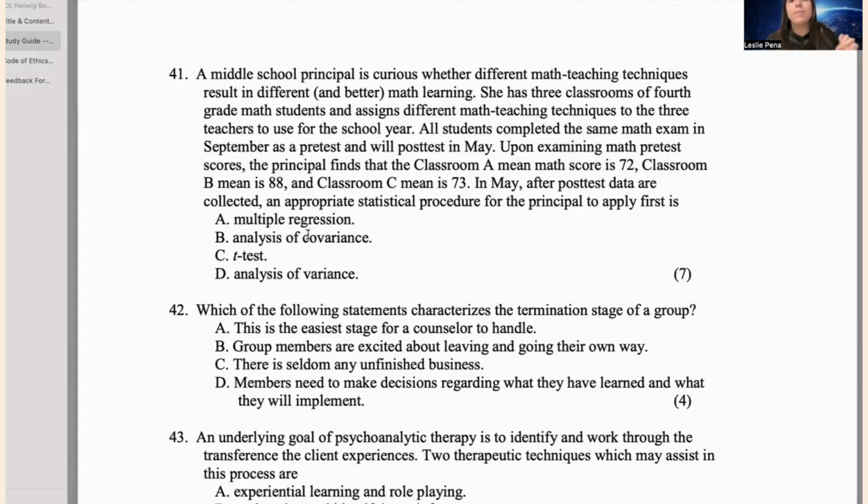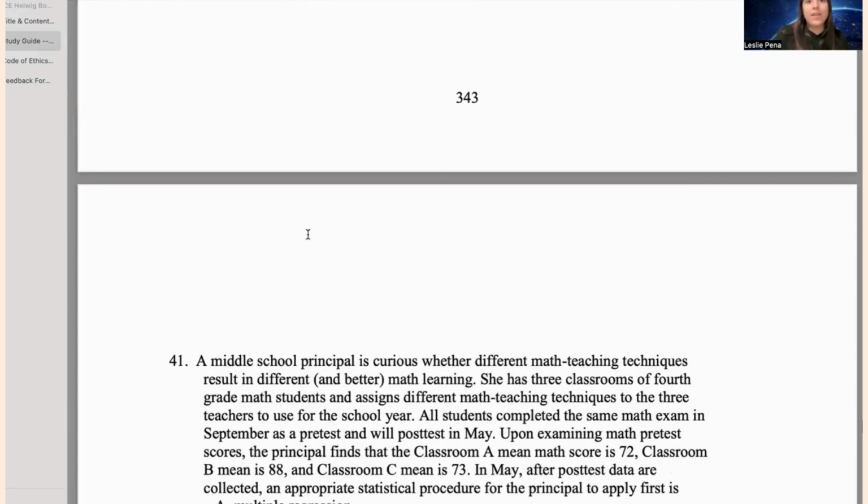Upon examining math pretest scores, the principal finds that classroom A, their mean math score is 72. Classroom B, their mean is 88. Classroom C, their mean is 73. In May, after the post-test data is collected, an appropriate statistical procedure for the principal to apply first would be what? So I know that was really long. I'm going to give you guys a second to digest that real quick.